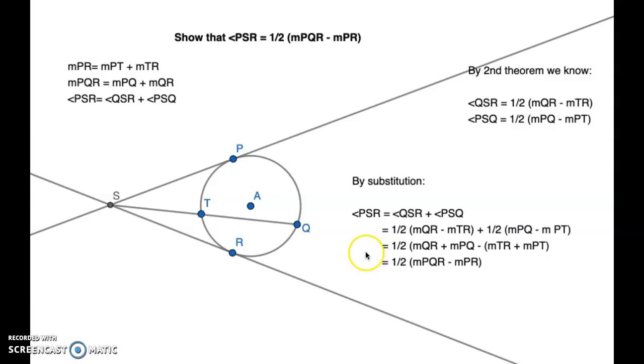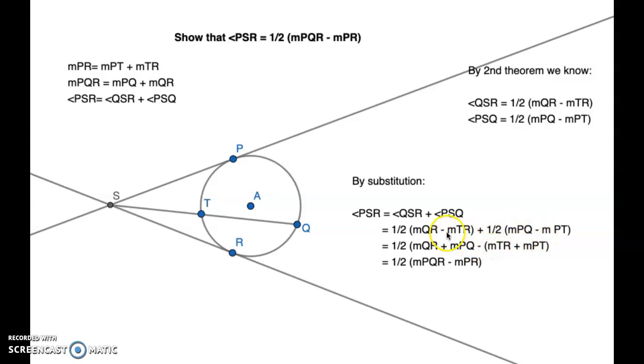So notice that here we have two positive arc measurements, and then these are technically negative arc measurements. However, we know that measurements are not negative. It just means that they are being subtracted.